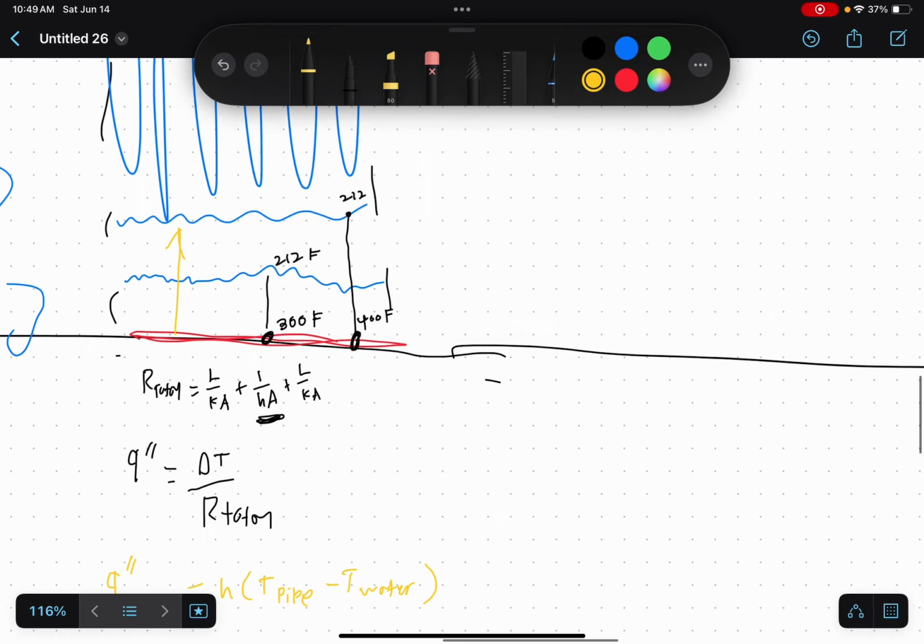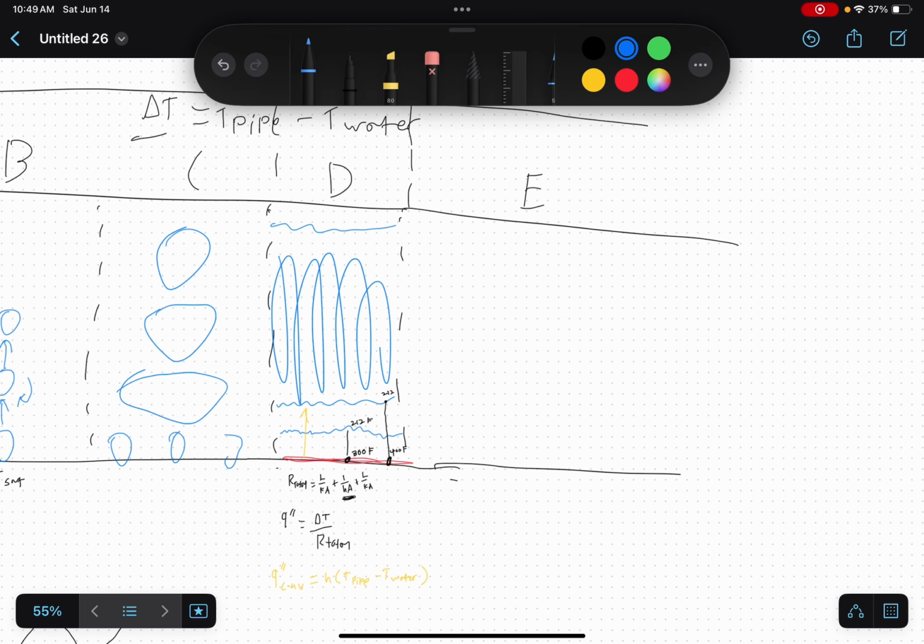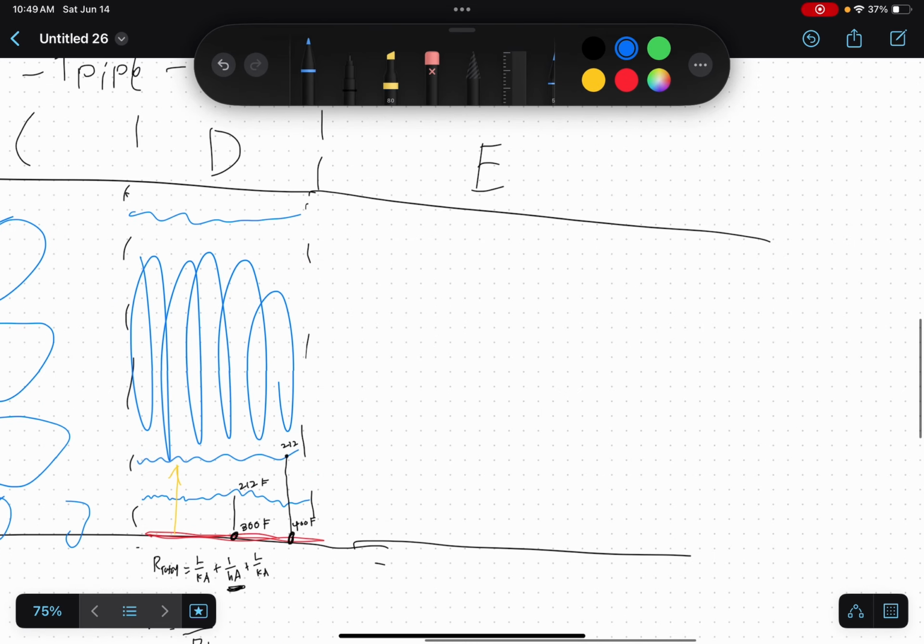So that's our convection equation. But anyways, let's move on. Point E will look very similar, and chances are the vapor layer will be narrowing in.